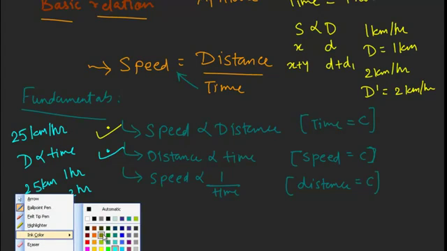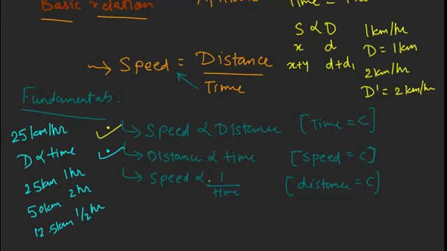Third proportionality is speed is inversely proportional to time, provided distance remains constant. So suppose you have to cover a distance of say 60 kilometers.